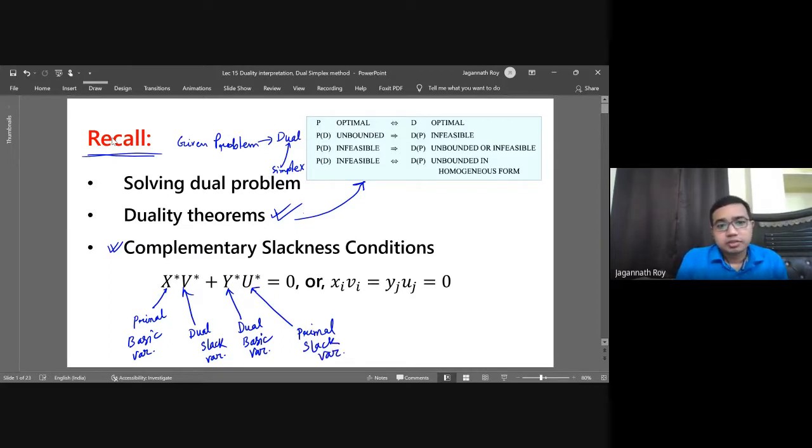Since these are actually vectors, x is actually of this form x1, x2, up to xn. Y is also a similar type, but the number of variables is y1 to ym.